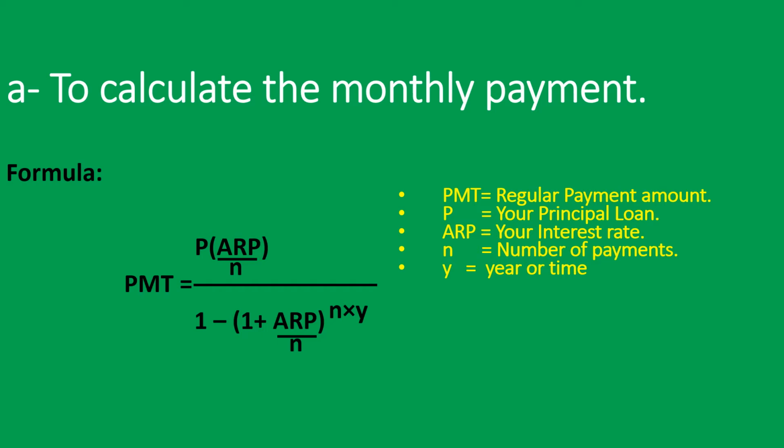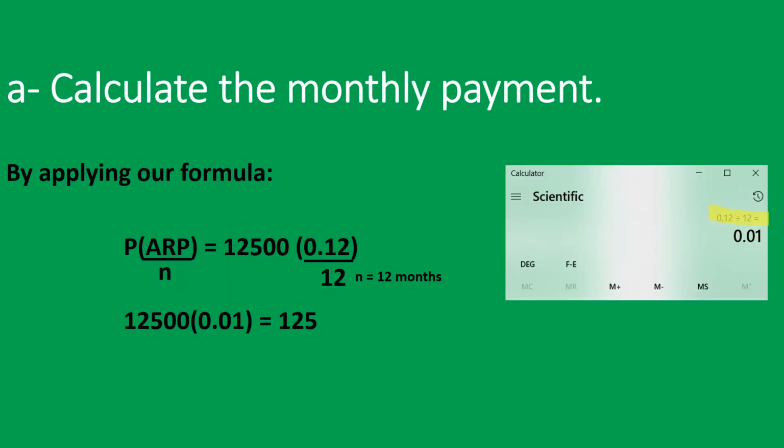First we're gonna solve the formula step by step. According to the formula, first we're gonna solve this part, P in the bracket APR by number. APR, as I said before, is the interest rate of your loan, and principal is principal.